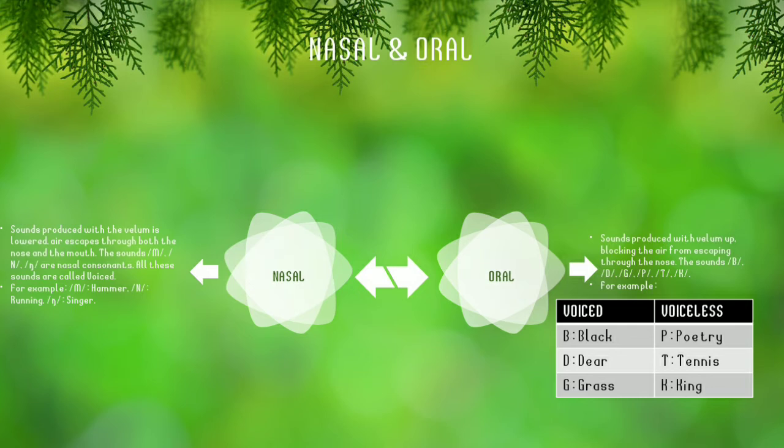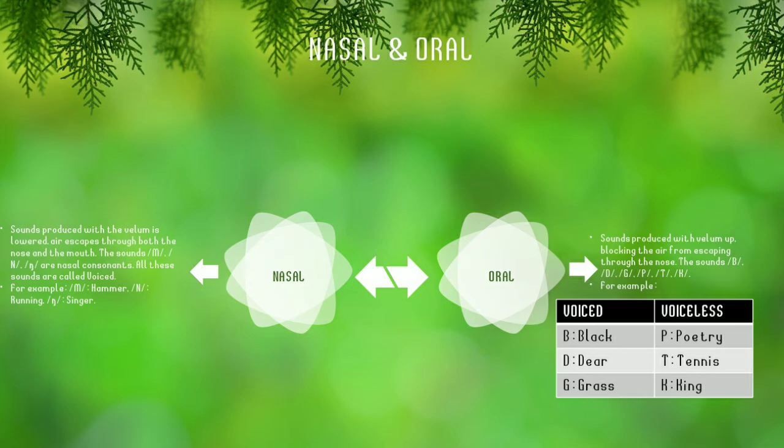Oral. Oral sounds are produced with the velum up, blocking the air from escaping through the nose. Remember, oral sounds are sounds where the air can escape only through the oral cavity, and most sounds in all languages are oral sounds.